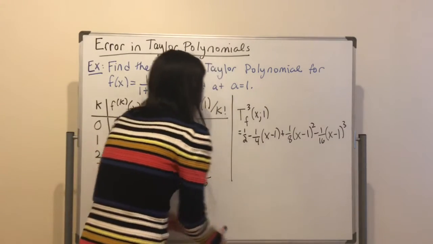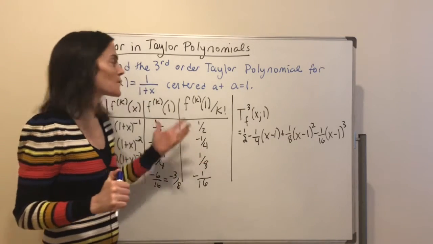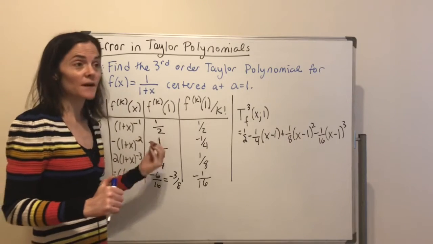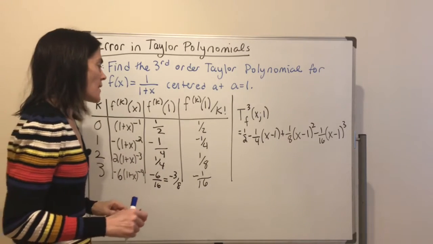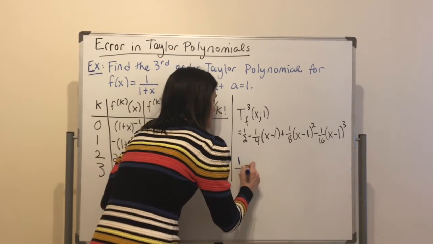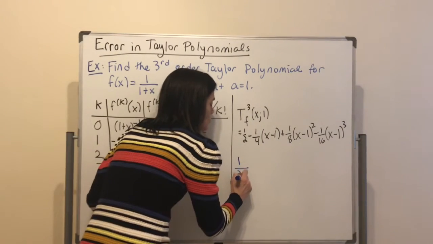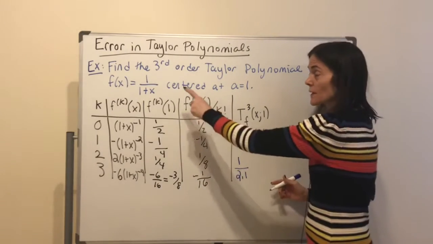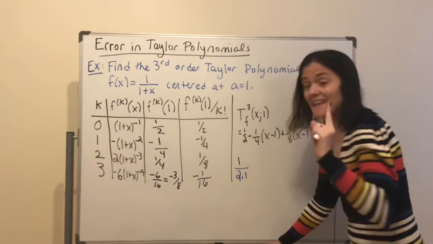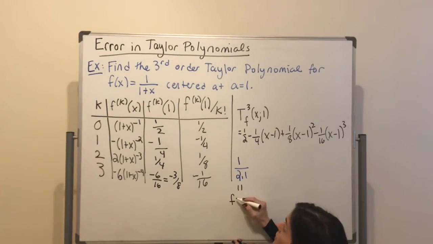For example, well, this is kind of a silly function to do this for, because it's not that hard to evaluate this function. But if I wanted to evaluate, for instance, this is centered at 1, so let's say 1 over 2.1. Well, given my function, we know exactly what it is. This equals f of 1.1, right?